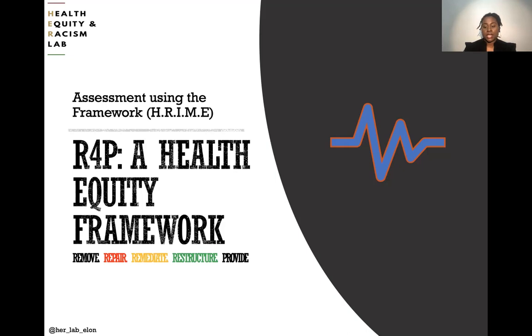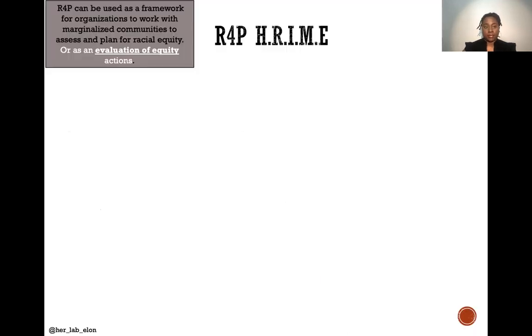So you would do this by using the R4P HRIME scale. We know that R4P can be used as this framework for organizations to work with marginalized communities in order to assess and plan for racial equity, but it can also be used as an evaluation of equity actions for a program, for research, or for an institution.